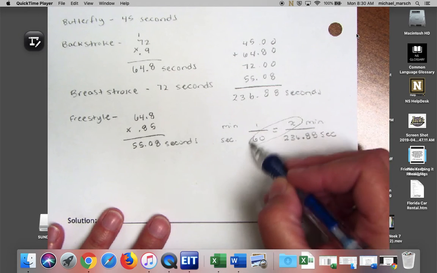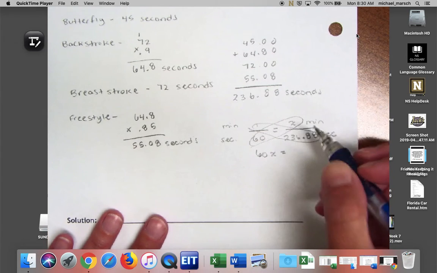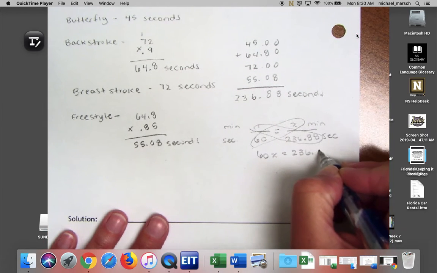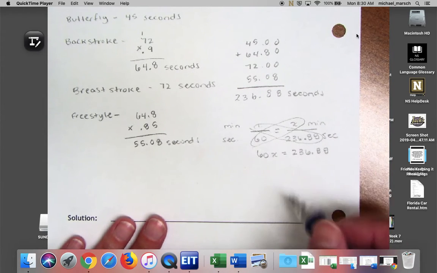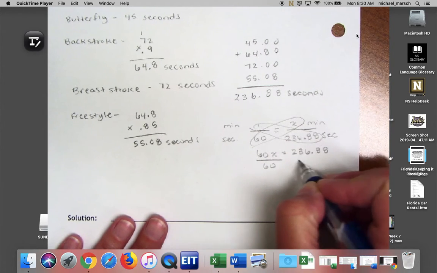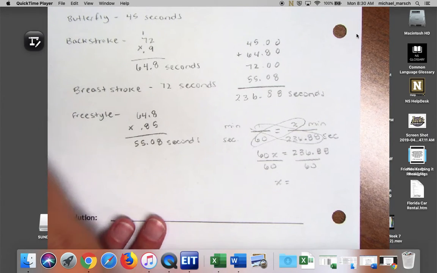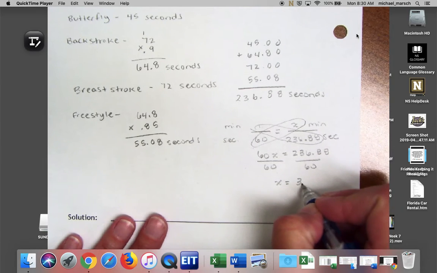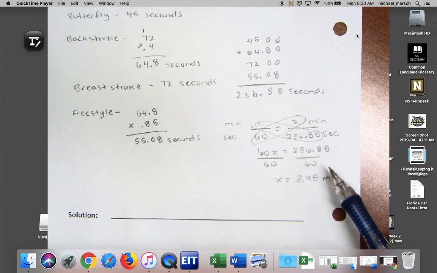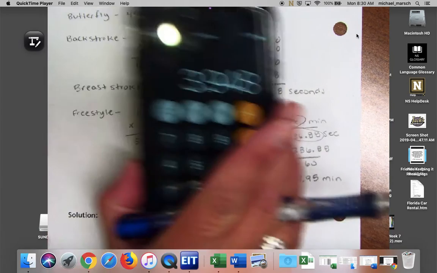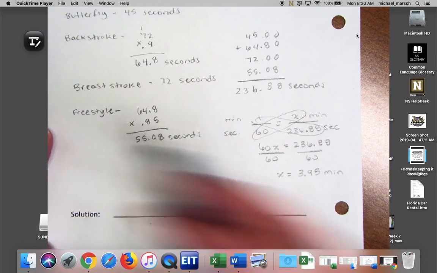So I'm going to do my loop-de-loop. 60x equals 236.88, right? Because 60 times x, 1 times 236.88, divide by 60. X is going to be 3.95 minutes, right? Because I actually get 3.948 when I divide it, but we're going to round up, right? So that's going to be 3.95 minutes.